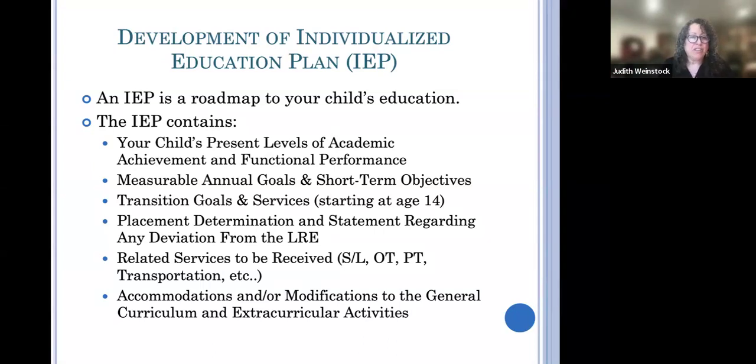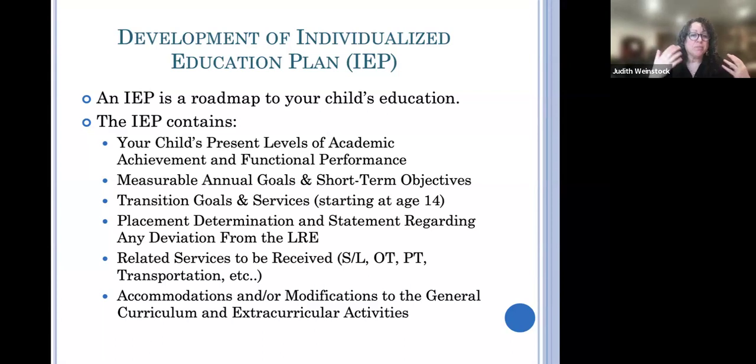The second part of the IEP is that it's very important to have what's called measurable annual goals and short-term objectives, and then to address weaknesses and strengths. And then we have transition goals and services. We have placement determination and a statement regarding any deviation from the least restrictive environment.